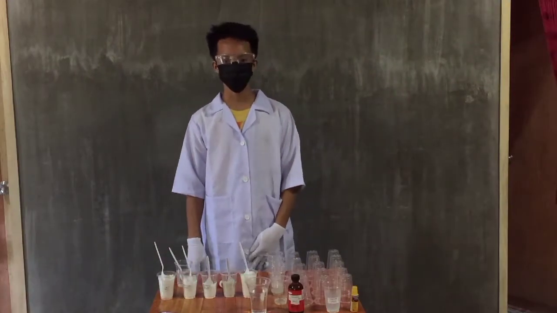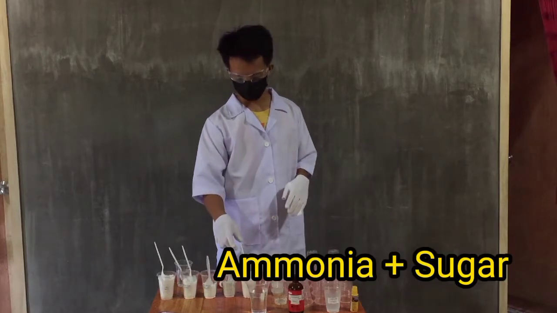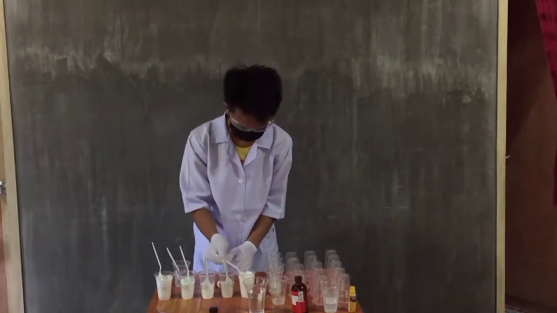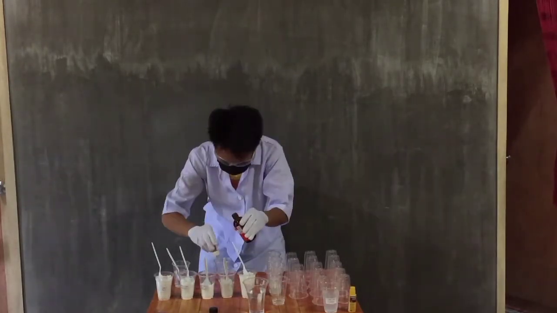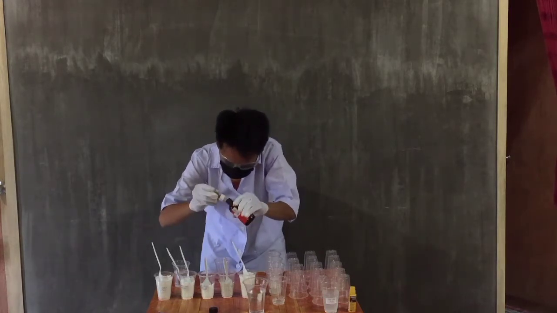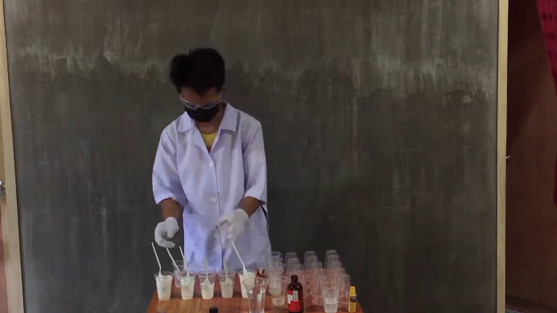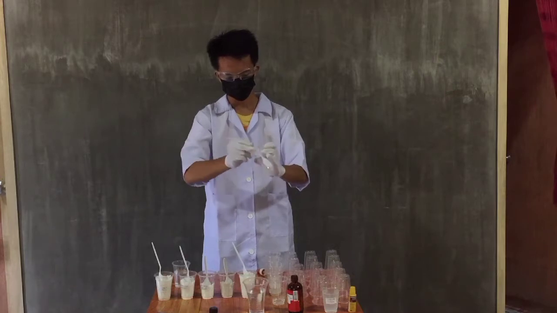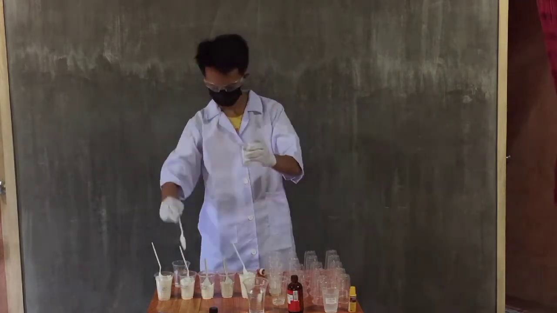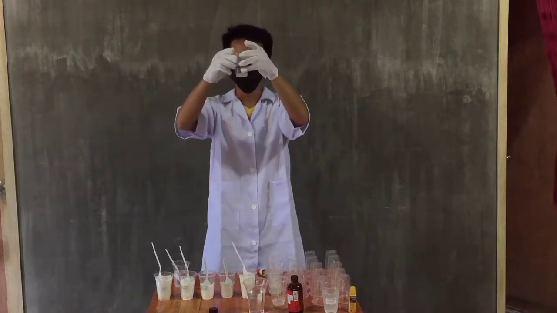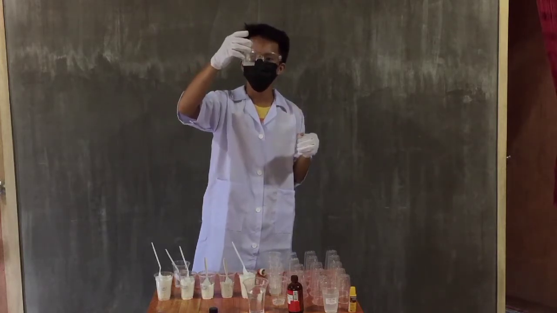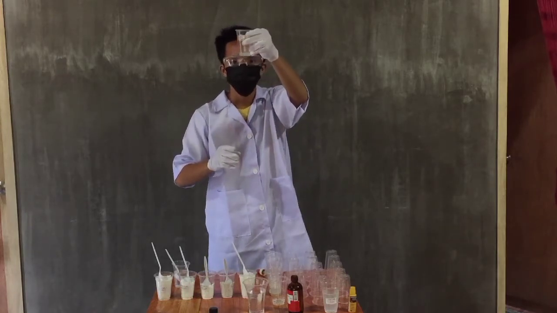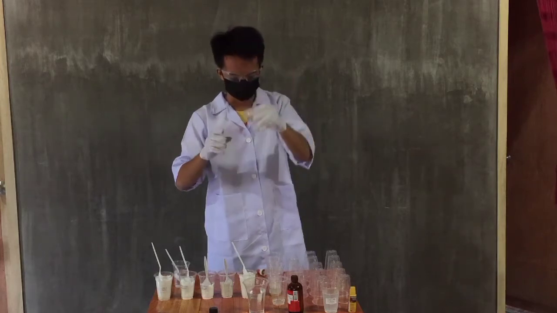And now let's witness the mixture of ammonia and sugar. The result of the ammonia and the white sugar: the white sugar did not dissolve in the ammonia, and it cannot form any kind of precipitation.